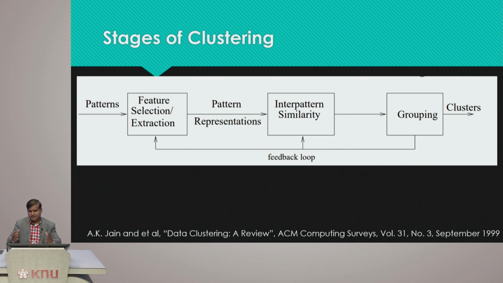If you want this system to be more efficient, yes, we can use an iterative mechanism, like a feedback loop, so that your similarity measure is defined and redefined. Moreover, whenever you have a cluster, you always have a cluster center, and that can also be refined further, so that we finally get some kind of convergence of the whole system. So these are basically the stages of clustering.